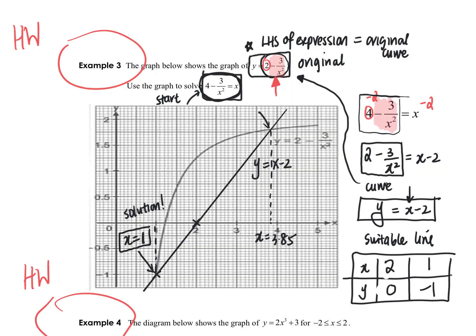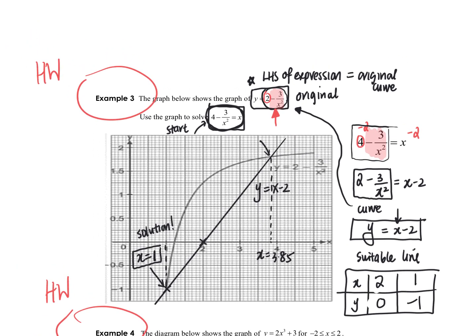Okay, you see the question says, solve this. If they ask you to solve this, you must relate to the graph. If not, why did they ask you to draw the graph at all? So you must relate back to this graph. The equation is 2 minus 3 over x squared. So I need to make this exactly the same as this, otherwise I cannot relate back to the graph.